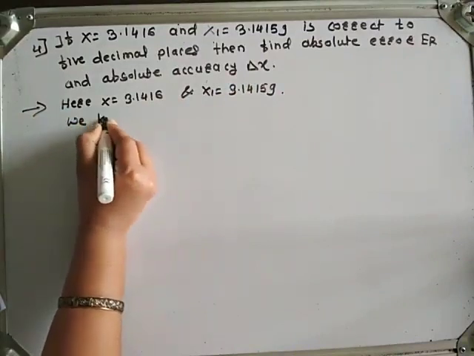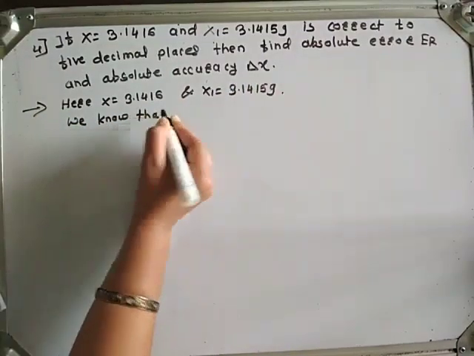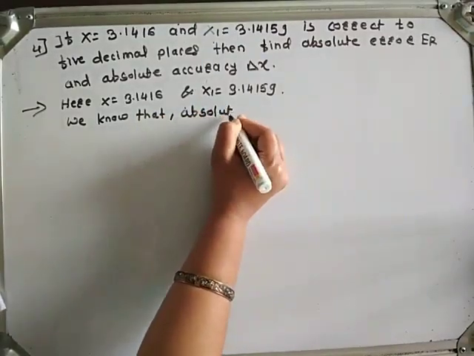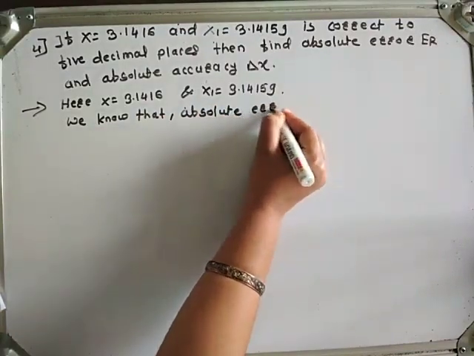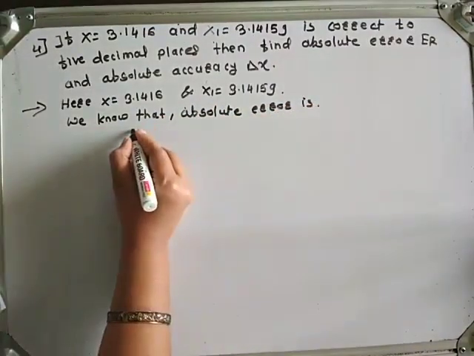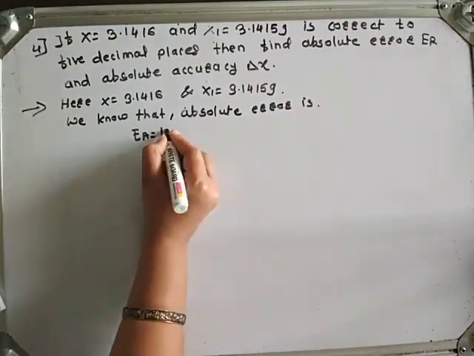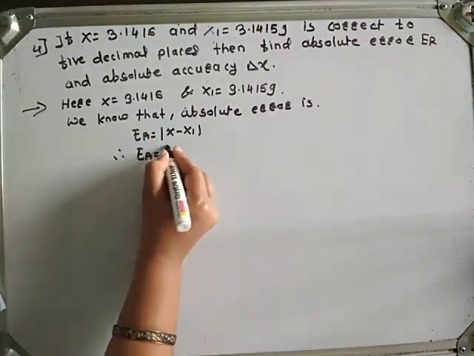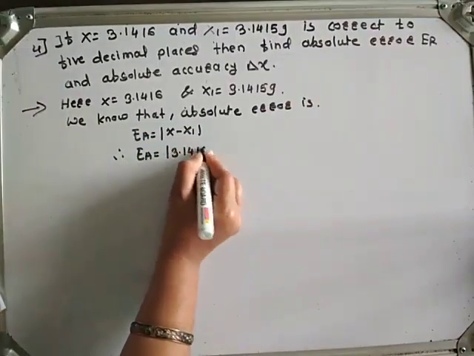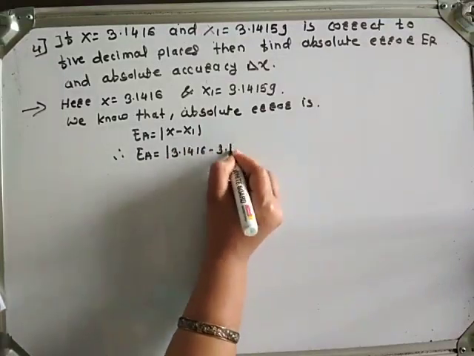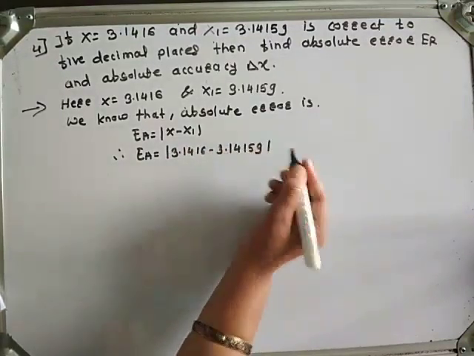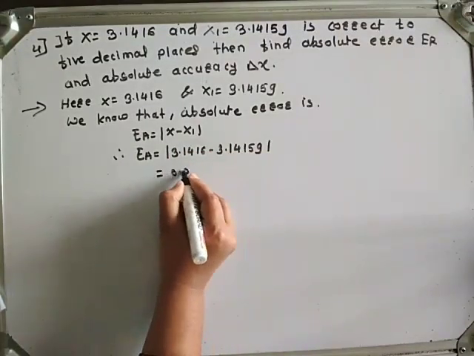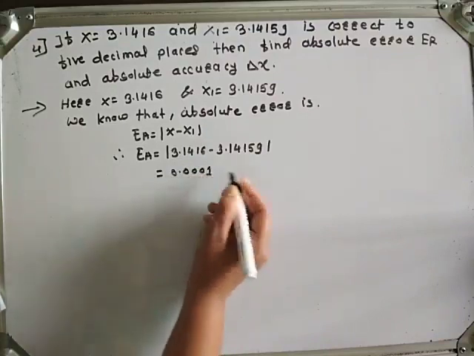We know that absolute error EA is equal to mod x minus x1. Therefore EA is equal to 3.1416 minus 3.14159, which is equal to 0.00001. Sorry.